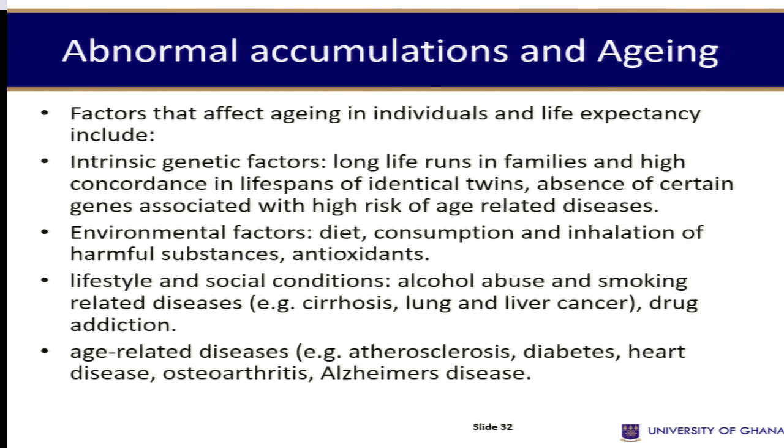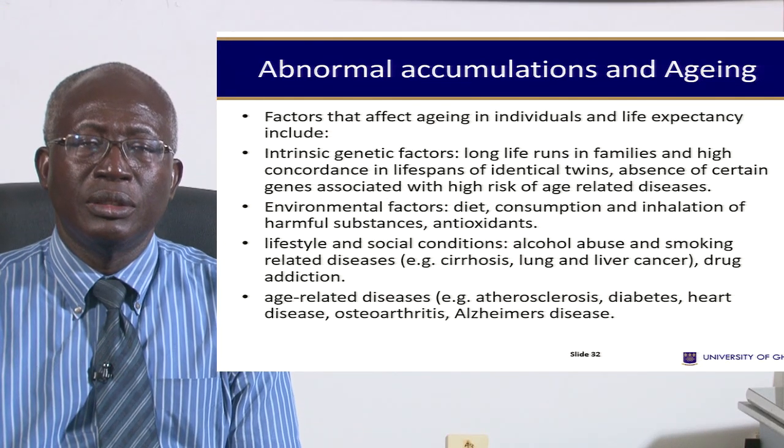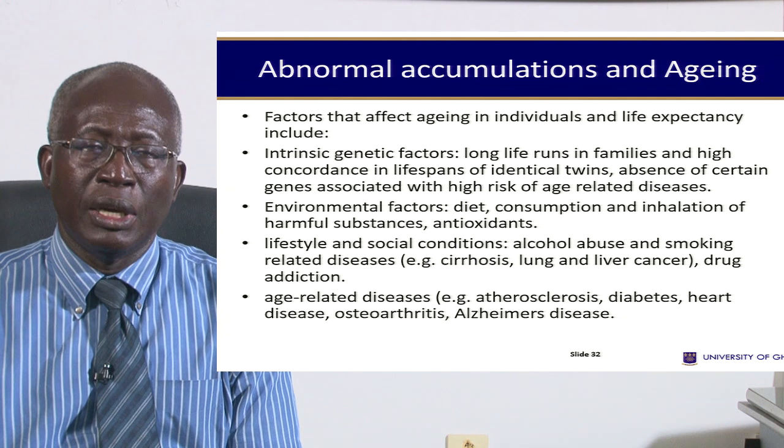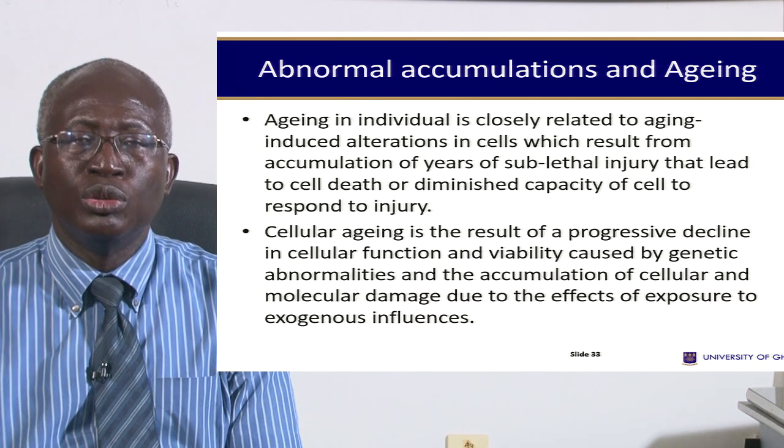Environmental factors like diet and consumption and inhalation of harmful substances can shorten life. And then we know about lifestyle conditions like alcohol abuse and smoking. They can reduce life expectancy. Then there are diseases that are more common in the aged, and they can also reduce lifespan.